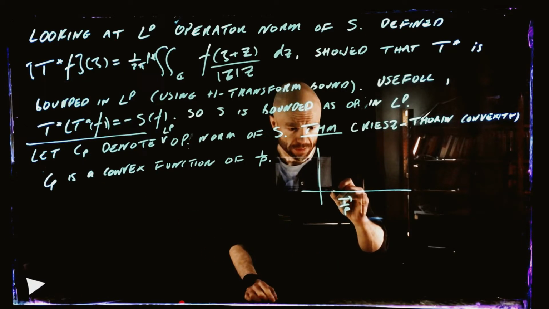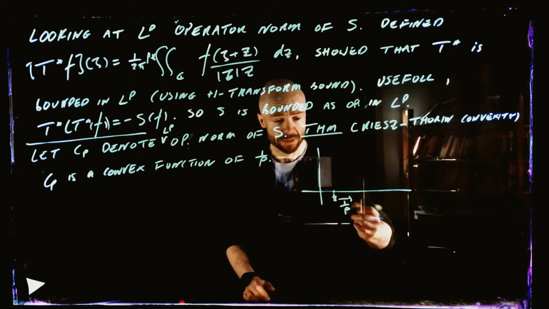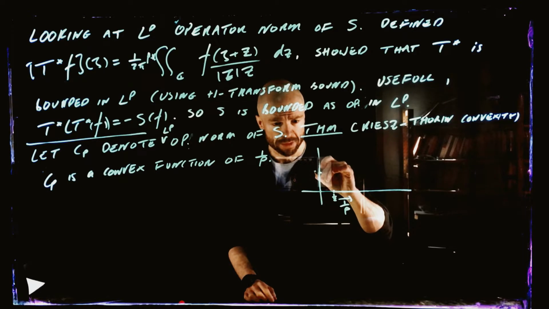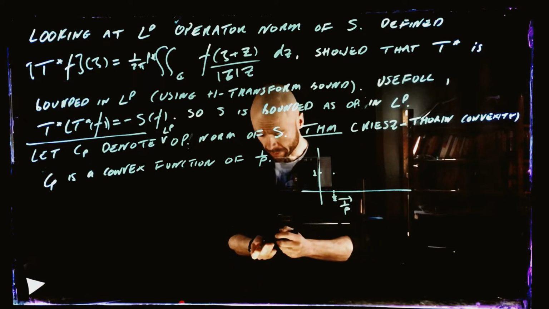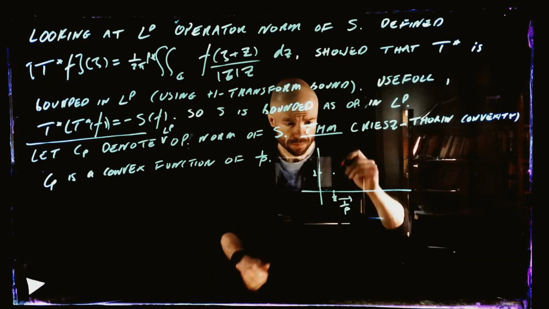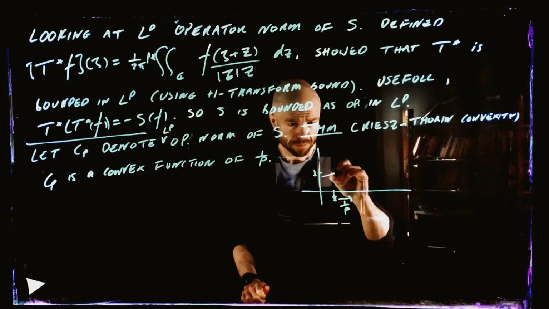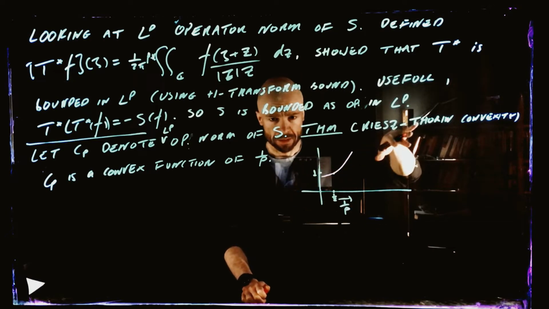So if we put a half here, that corresponds to P is 2, and in that case, we know that this graph is exactly equal to 1, right? And it's a convex function. So whatever it's doing, maybe it's doing this, or maybe it's doing like this, or whatever.